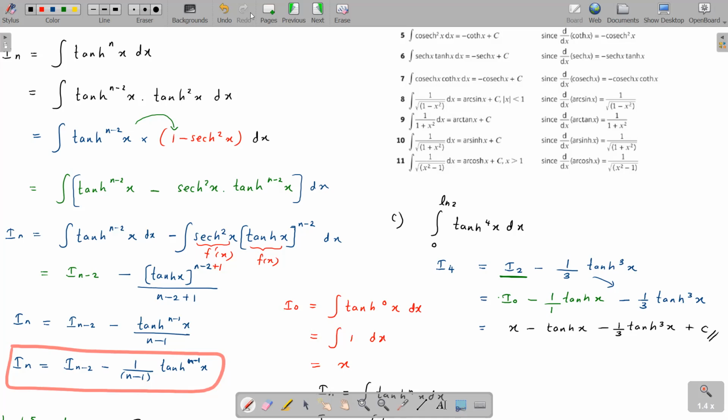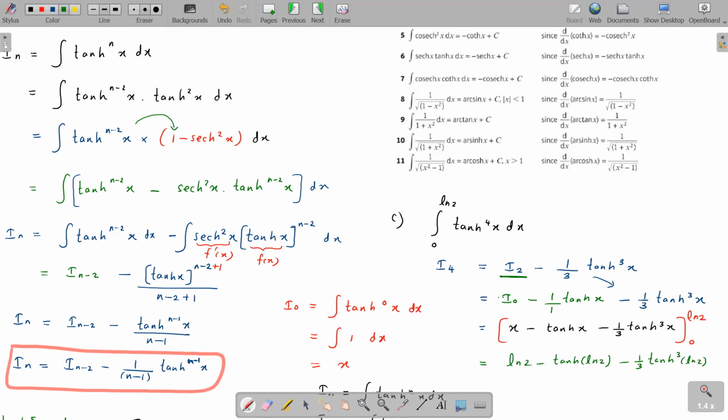And then at the end, now we don't need to put plus c here. Why? Now we're done with integration because there are what? The integration limits. What are the limits? After you're done with the integration, let's put the limits, 0 to ln2. Let's input the values. x is ln2 minus tan ln2 minus 1 over 3 tan cube ln2.